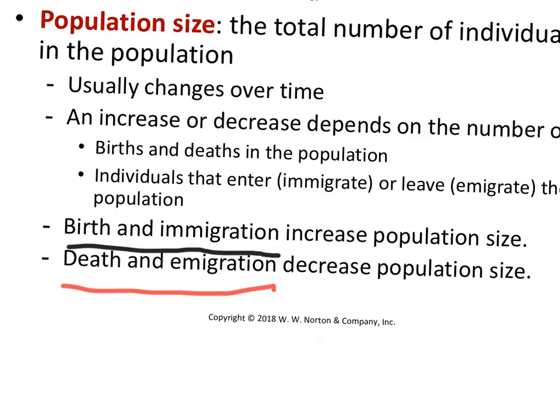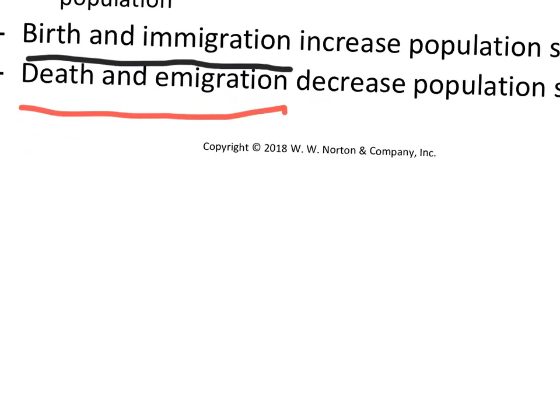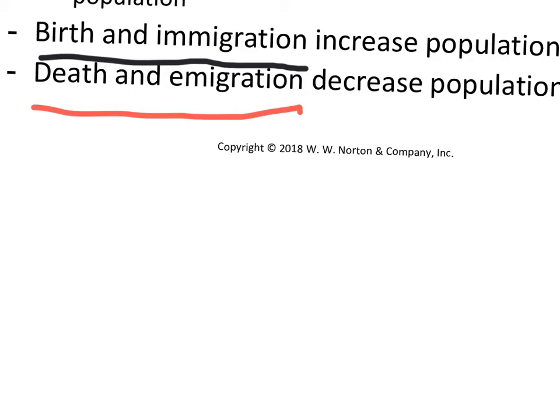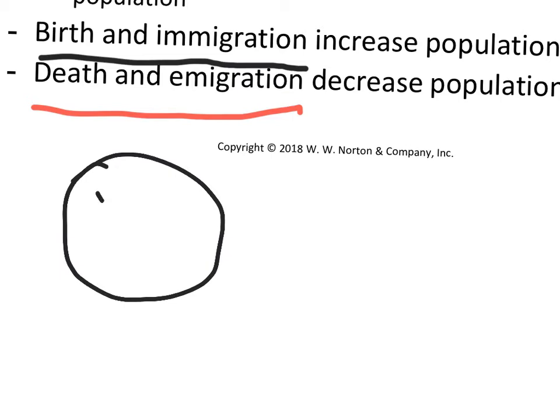So let's say we have a population: 1, 2, 3, 4, 5, 6, 7, 8, 9, 10. And obviously birth, we could add 1.